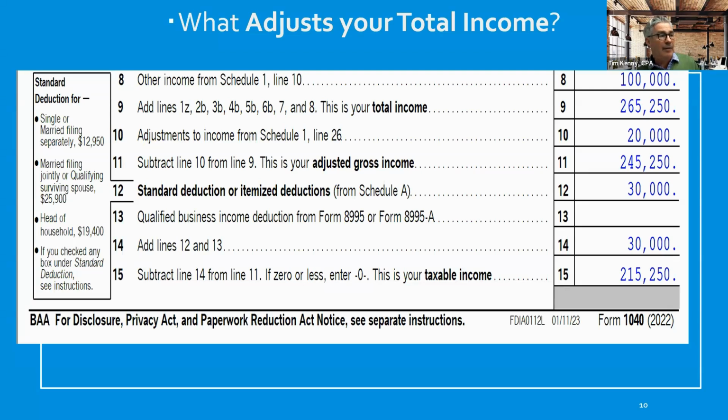And then it's an adjustment to offset that. So there's some nuances to that in order to come up with one's adjusted gross income.